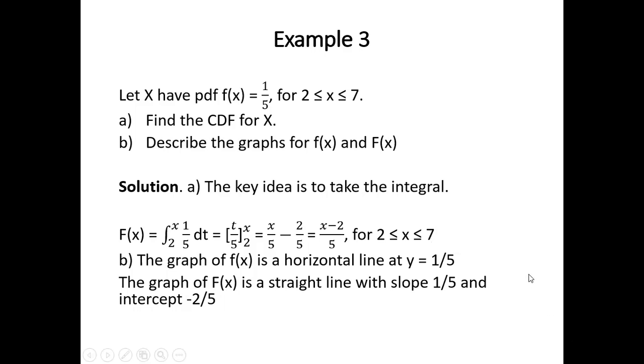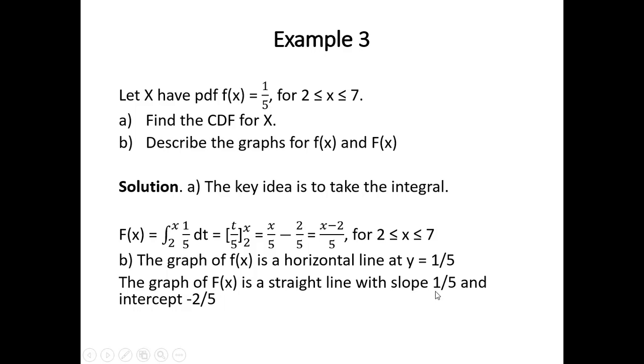What about the CDF? Okay, so we worked out, here's our function for the CDF. If we were to graph this, what would it look like? Well, this would be a straight line, and we could think of this in slope-intercept form. So it would be a straight line going up as you go from left to right, so it has positive slope.